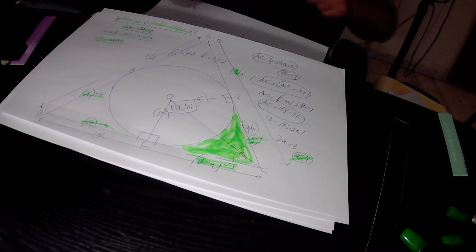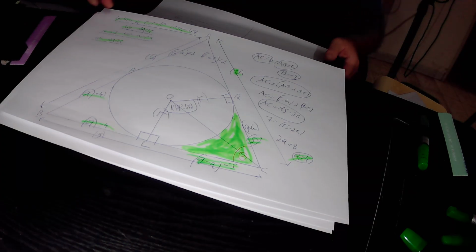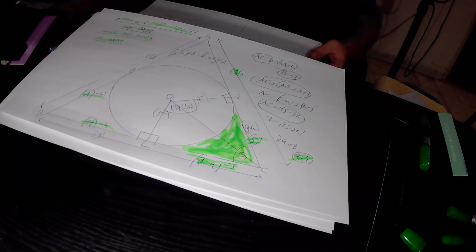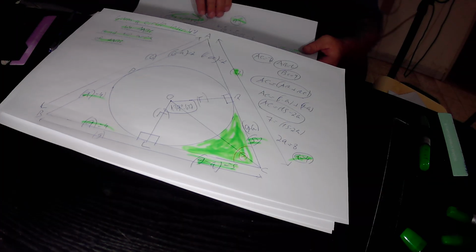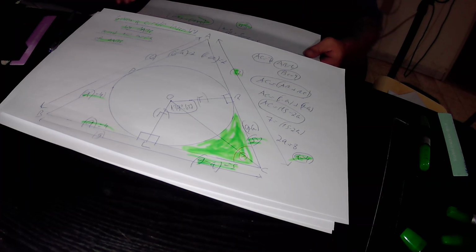So we finish with the first question. In the next step, I will present you the second question, and we will solve the second question by using 3 different methods.